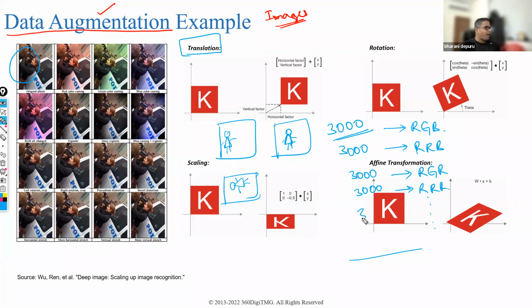If you keep adding all those images which are translated and rotated with different degrees, then eventually you will have a humongous database. And then you can apply deep learning algorithms on them, because deep learning expects us to have a huge amount of data. Only then can we train the model.